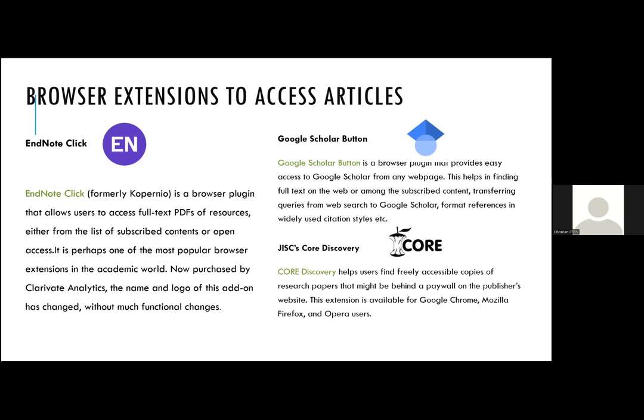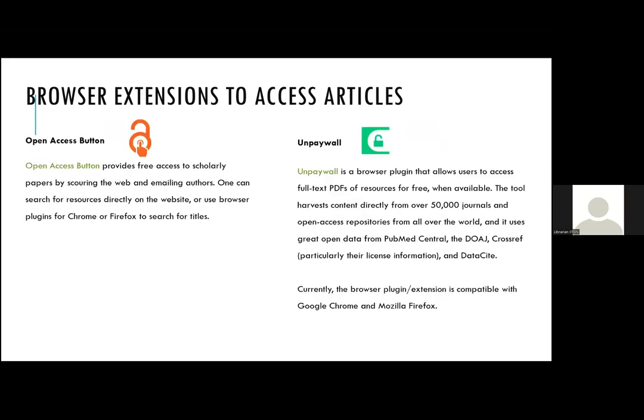So what we suggest, periodically, is that our students and faculty download some of these browser extensions. There are 5 that we have identified. EndNote Click is one, Google Scholar button is one, Lean Library is another one, and Open Access Button and Unpaywall.